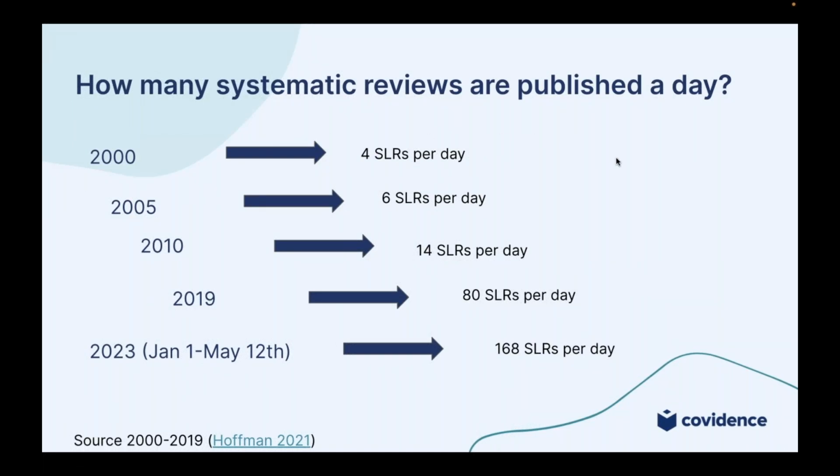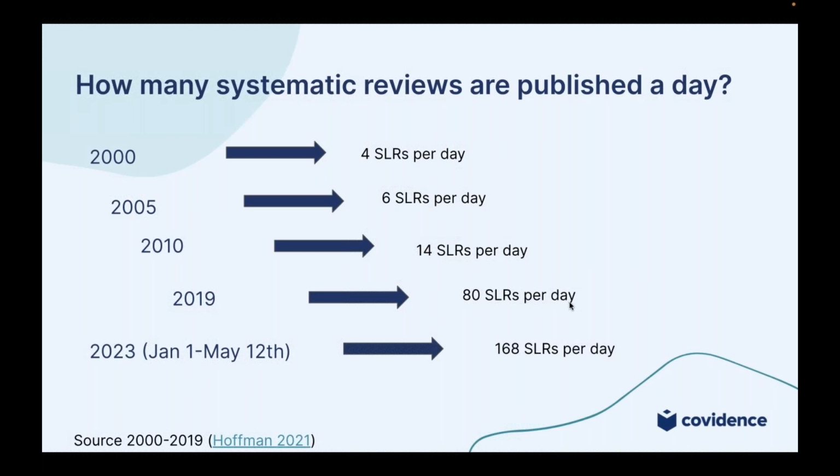As you can see, there's been a significant and rapid increase in the number of systematic reviews being published. That started with around 4 systematic reviews a day being published in 2000. And by 2019, Hoffman estimated there were around 80 systematic reviews a day being published.